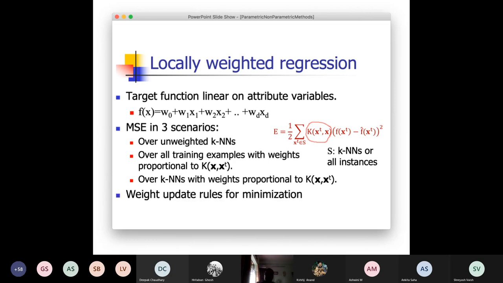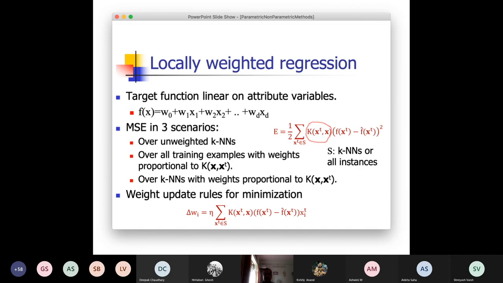So weight update rules for minimization, where you follow the steepest gradient method. Please look into the literature, look into your book. What you are doing basically, you are starting with any initial parameter set, which are here wi's, and then you update this parameter set following an update rule, which means you are basically adding this.